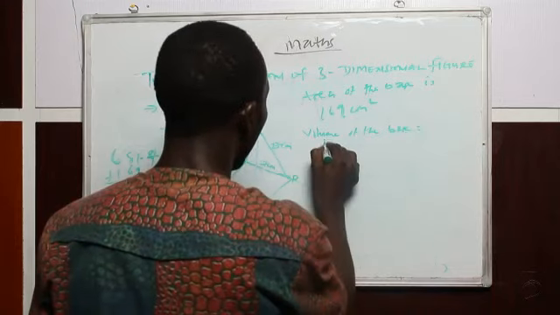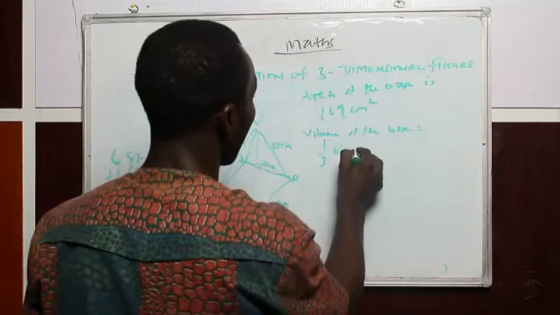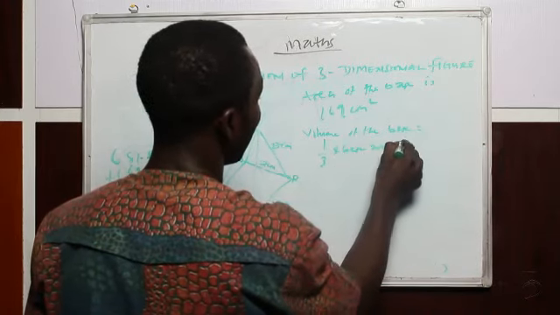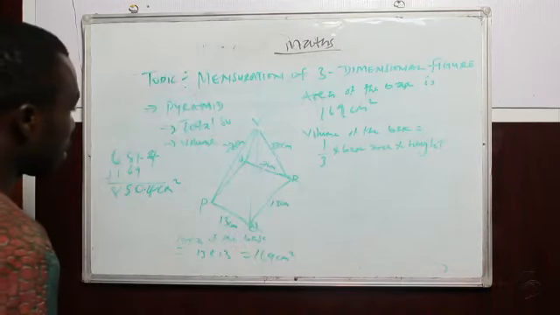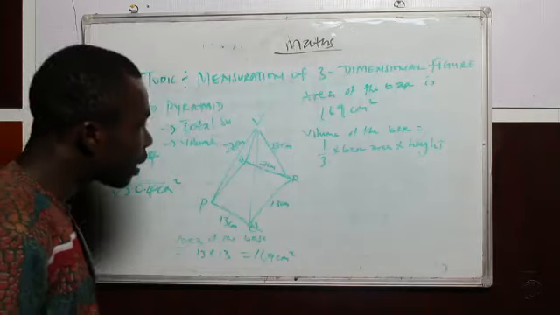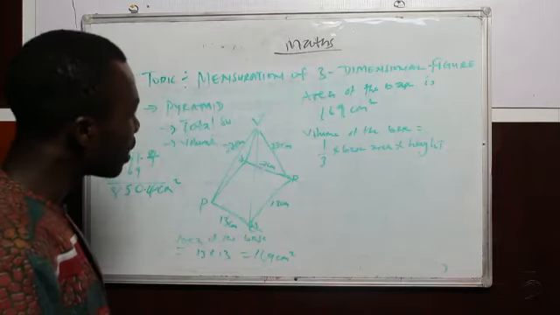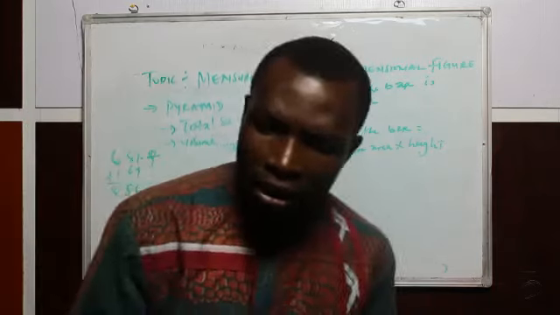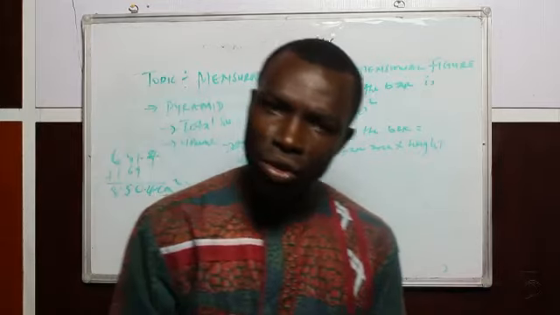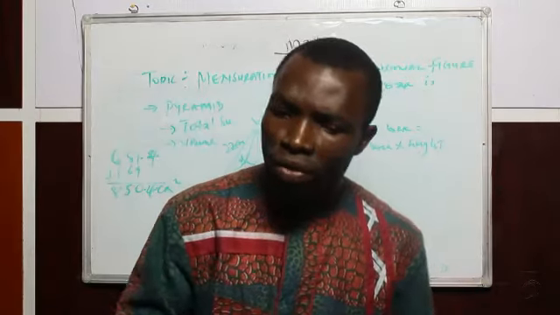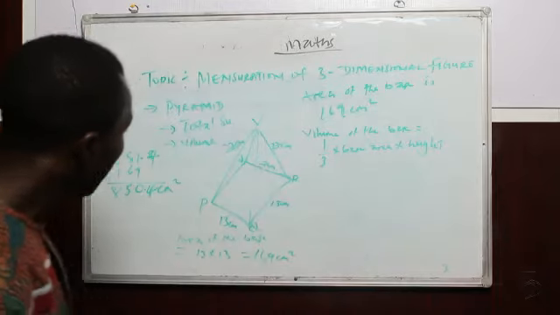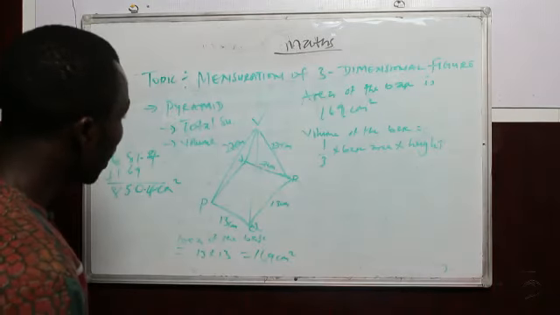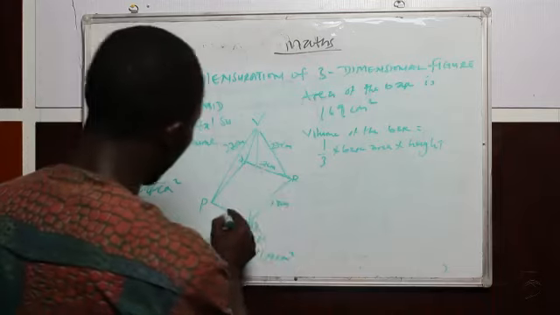How do we calculate our height? Now, that's where we begin to use Pythagoras theorem. We have to consider triangle PQR.